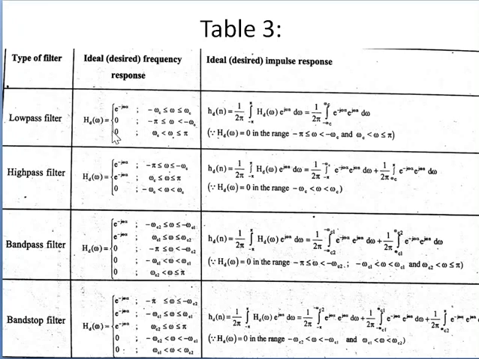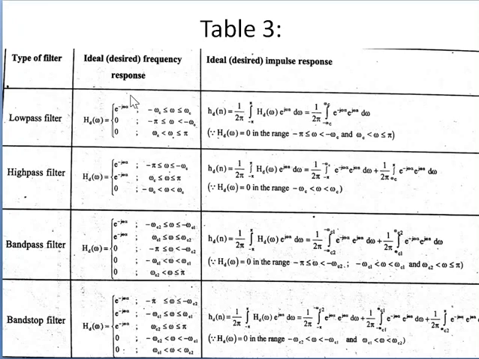If you apply the inverse Fourier transform to this, you can get HD of n. That's why I am writing the equation for that. The inverse Fourier transform equation is 1 by 2 pi integration from minus pi to pi of HD of omega e power j omega n d omega.